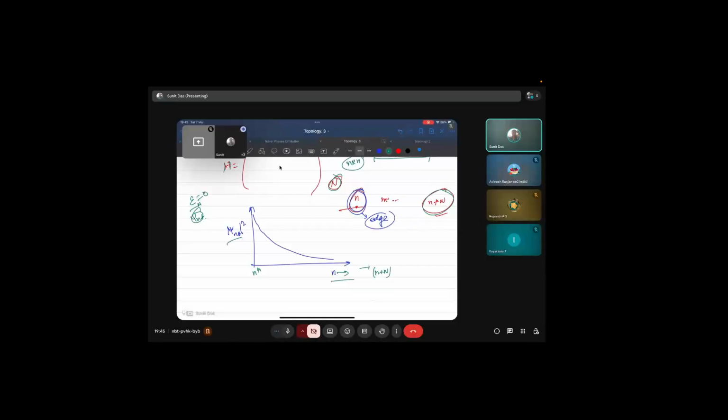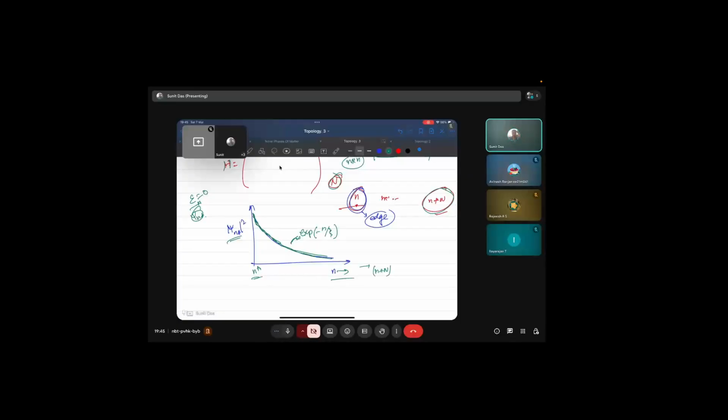What you see is that it goes approximately as e to the minus n over xi, where xi is some length scale. So they live on the physical edge. Remember, n is the physical edge of the sample, and as you go into the bulk of the system, the wave function exponentially falls off.